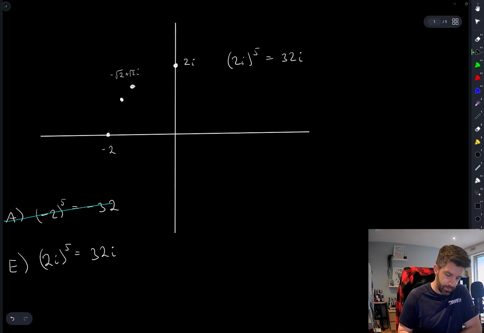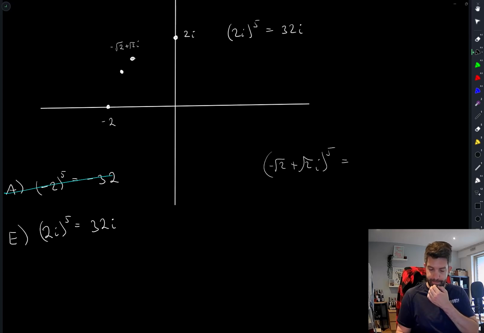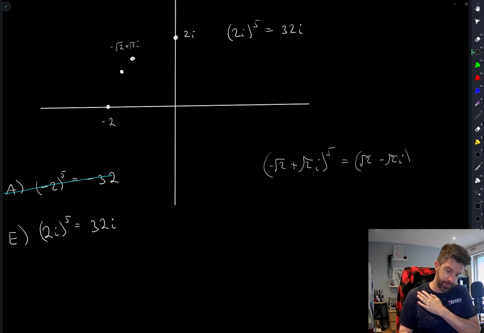So -√2 plus √2i to the power of 5 is equal to positive √2 minus √2i times 16.